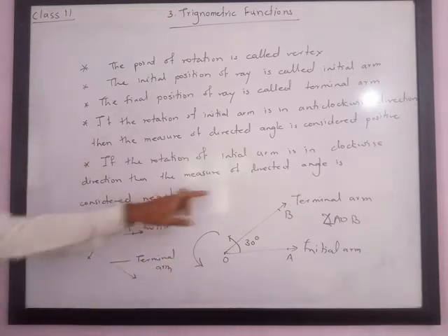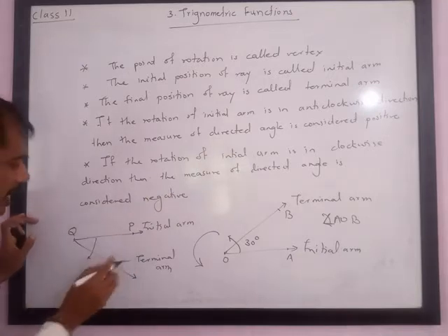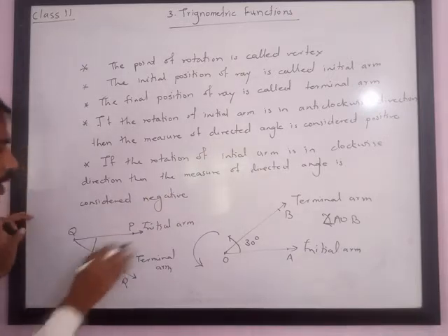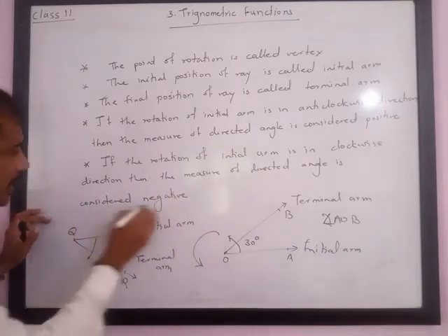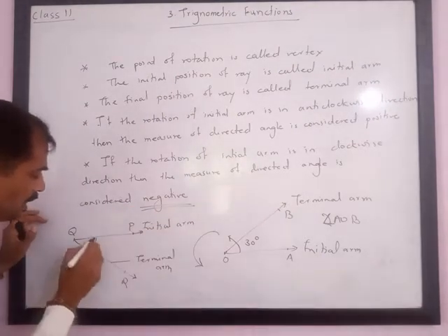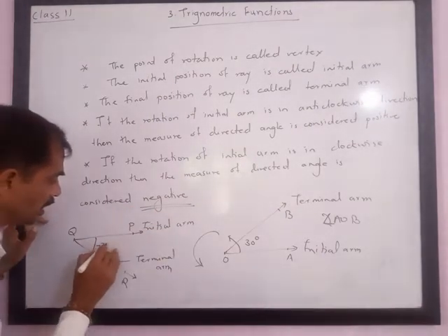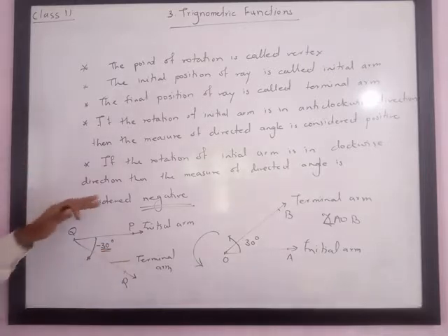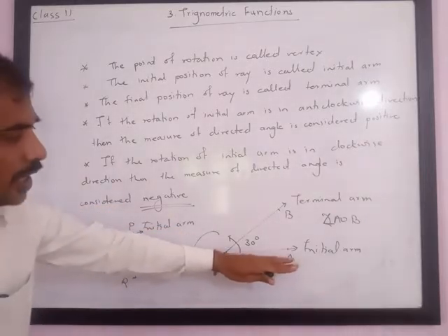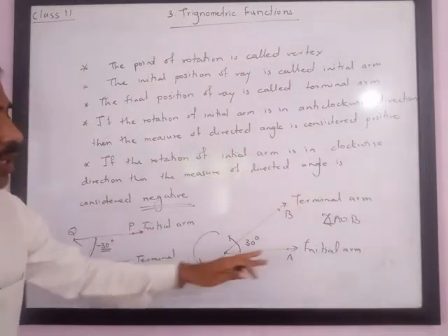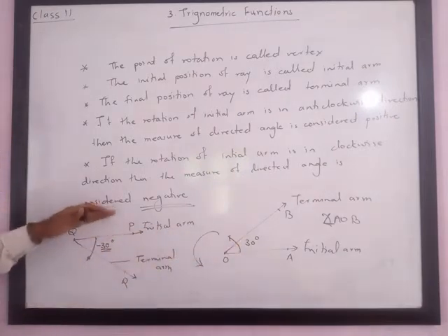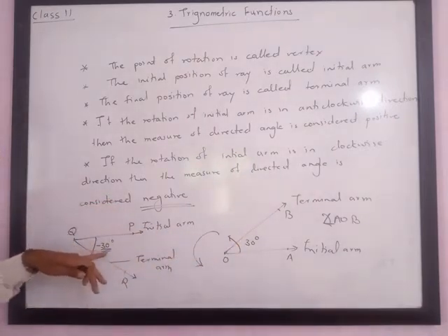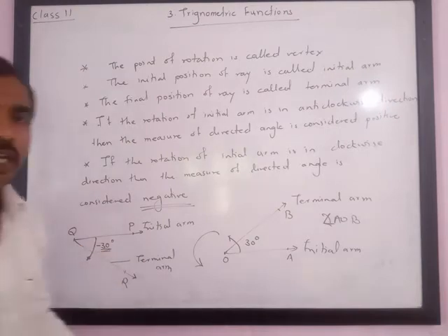Then the measure of the directed angle PQR is considered negative, so this angle can be negative 30 degrees. Try to understand this. If the initial arm is rotated in the anti-clockwise direction, we consider the measure positive, and if it is rotated in the clockwise direction, we consider the measure negative.